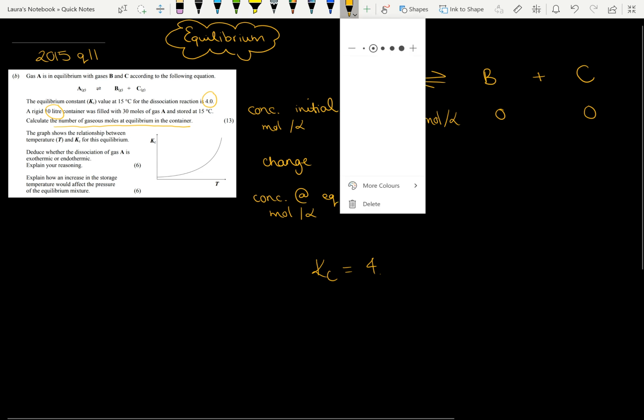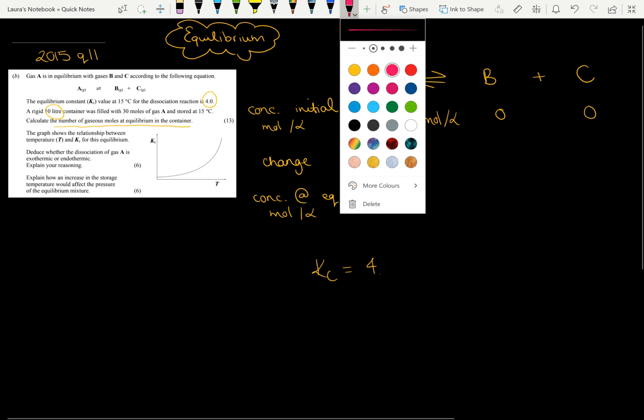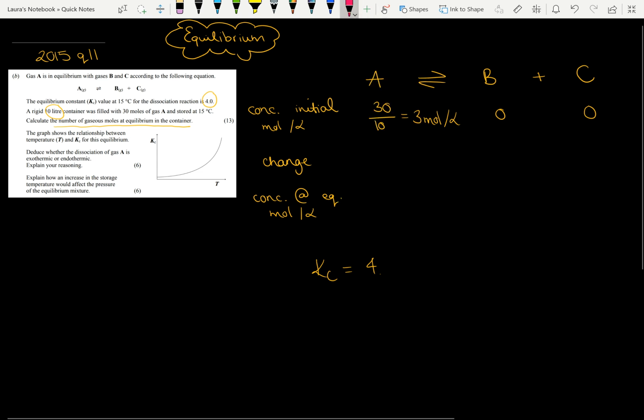At this point, again, it looks like we don't have enough information to continue, but I promise you we do. We're going to introduce an x as our unknown. We don't know how much the concentration of our gases changes by, but we can introduce an unknown and figure that out using our Kc.